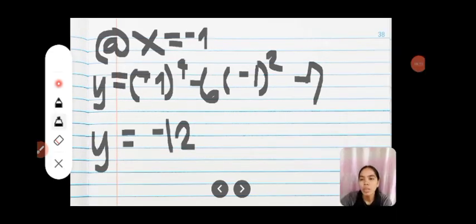So our point there is negative 1 and negative 12.